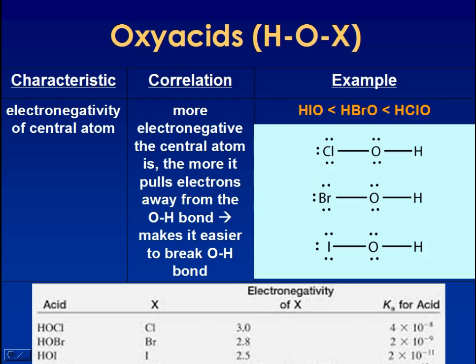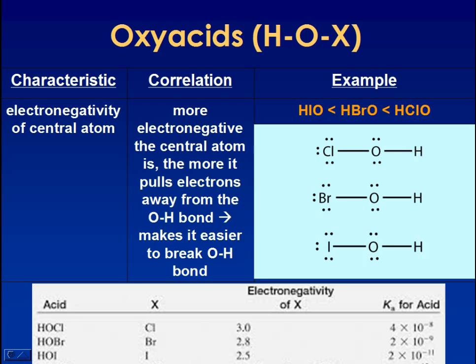The other factor that plays a role with oxyacids is the nonmetal that is attached to the oxygen. The more electronegative that nonmetal is, the more it's able to pull electrons away from that H-O bond, because the side of negative charge will be over with that nonmetal, and therefore it's easier to break that H-O bond.